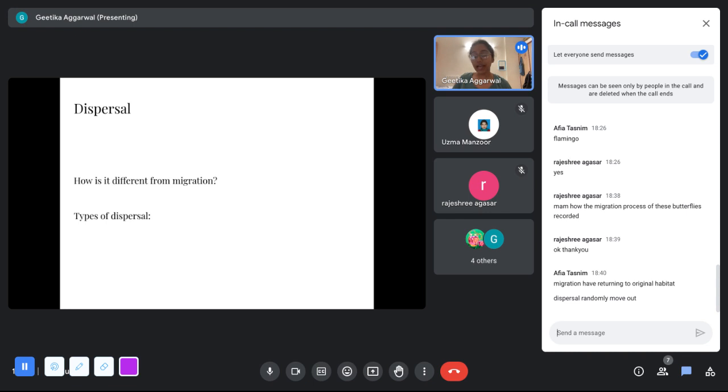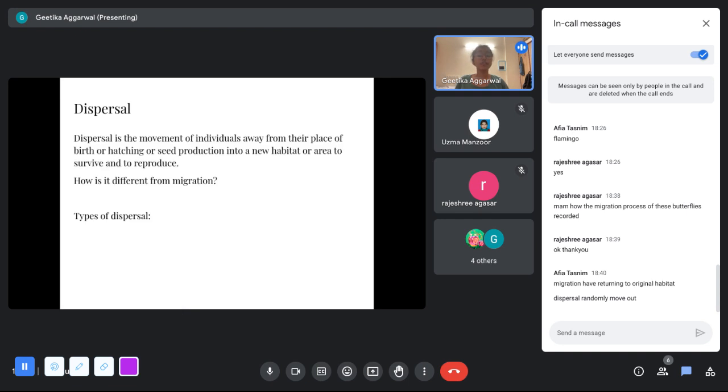It's not exactly random, but dispersal is basically moving out from your current habitat, and for dispersal the organisms don't really need to have the intention of returning to this habitat. They just disperse out from their initial habitat, from the place of birth, or in the case of a plant, from where the parent is, the seeds get dispersed, and they reach a new habitat, or colonize a new area, and they survive and start living there after that.